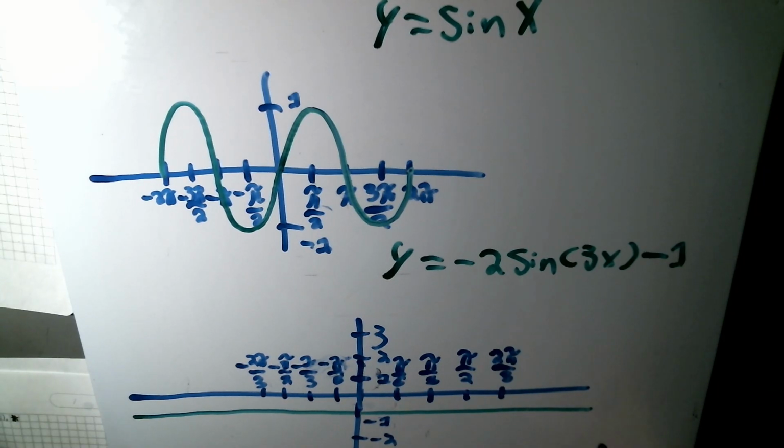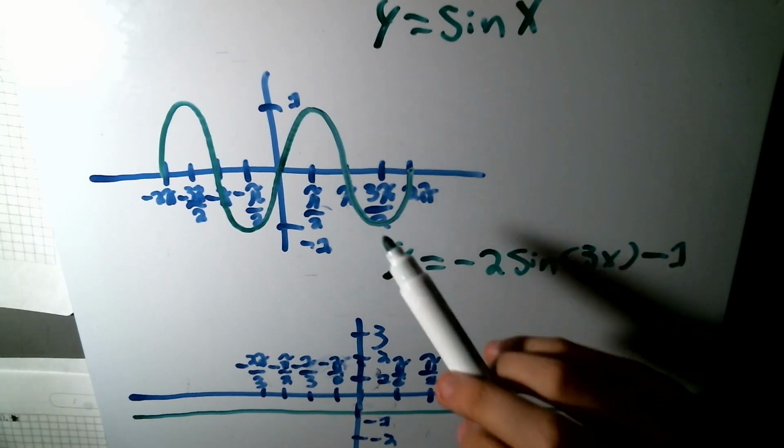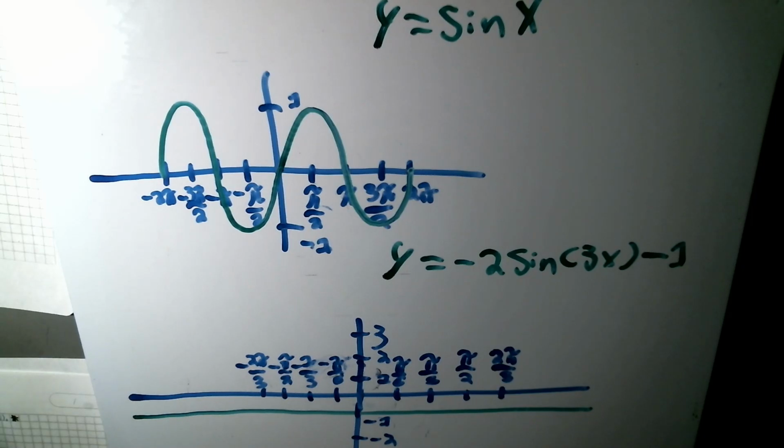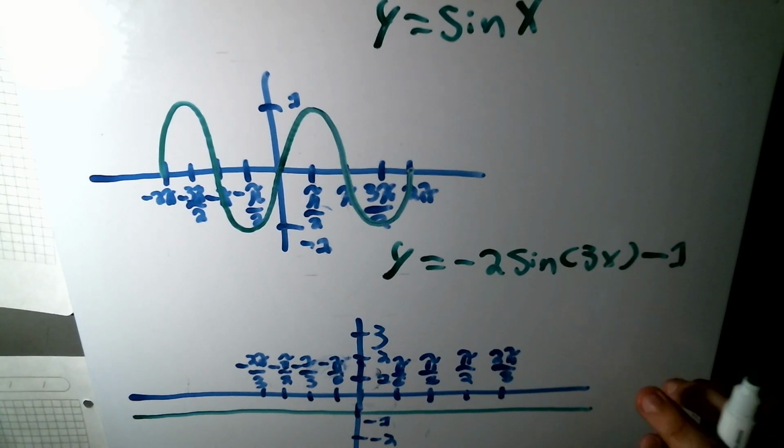You can see the difference from both graphs. I think we're ready to graph it. The midline is -1. I was searching for anything that was wrong, but there's nothing. Let's go.